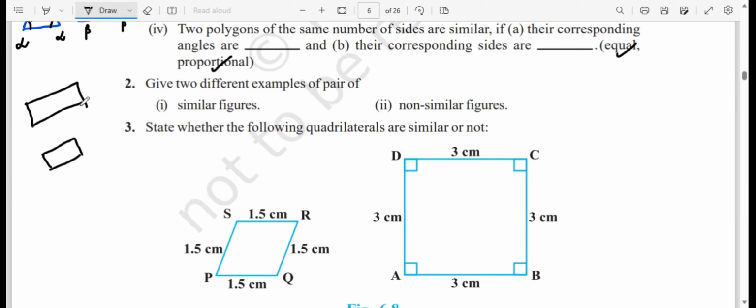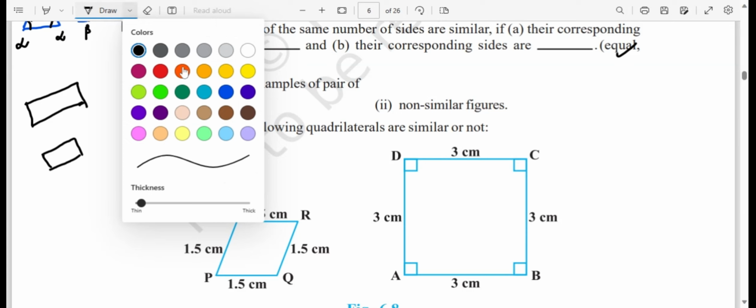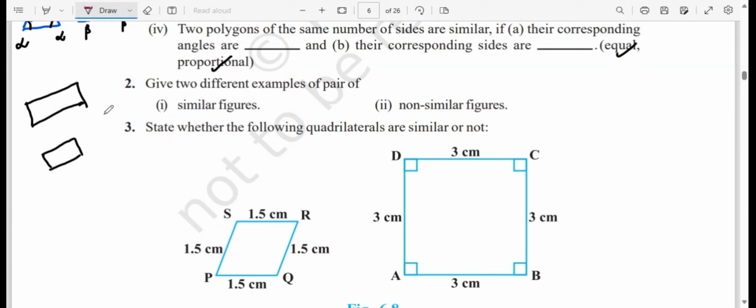In a rectangle we know the angles are 90 degrees, so no need to mention the angles, but we can mention the sides. Let this be L, so this can be 2L, and let this be B, so this has to be 2B. So this is an example of similar figures.